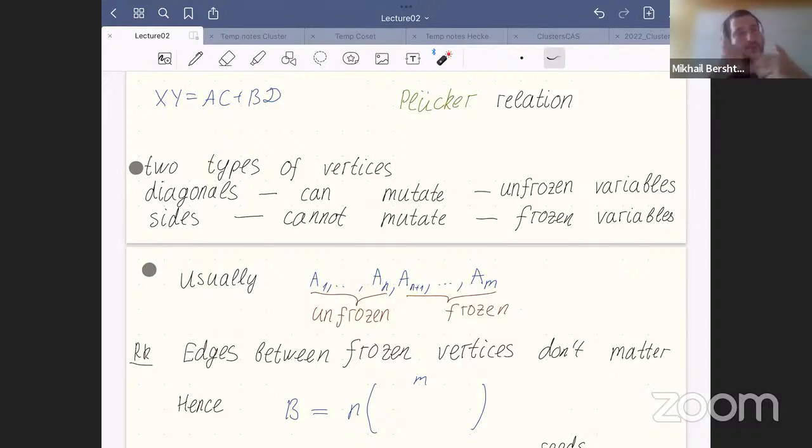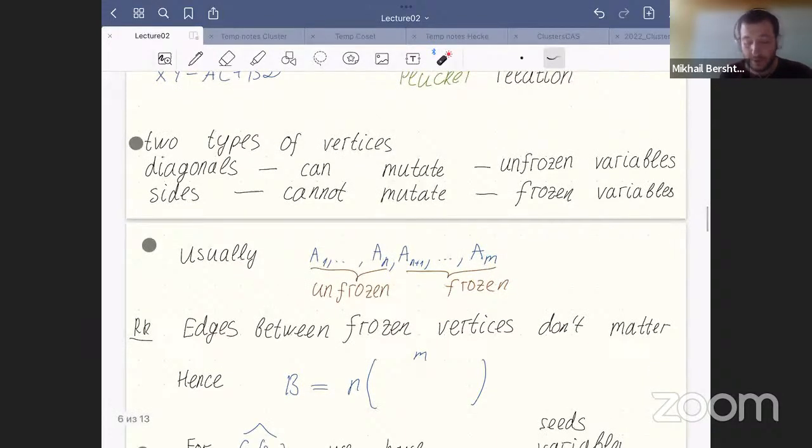Because if you define new variables and mutate in the unfrozen ones, and you look only at the edges from unfrozen to others, and at what happens to this quiver, this part which goes from unfrozen to unfrozen or unfrozen to frozen is not affected by edges between frozen vertices. So it is important only to look at the rectangular matrix n times m.